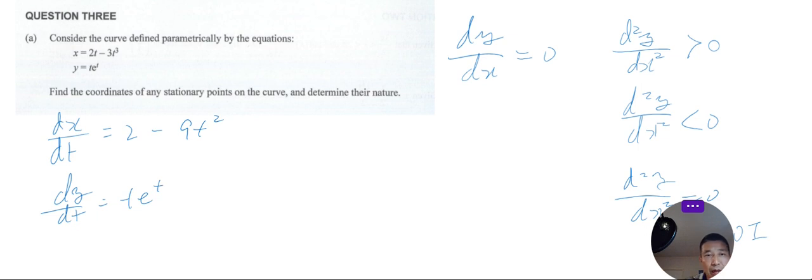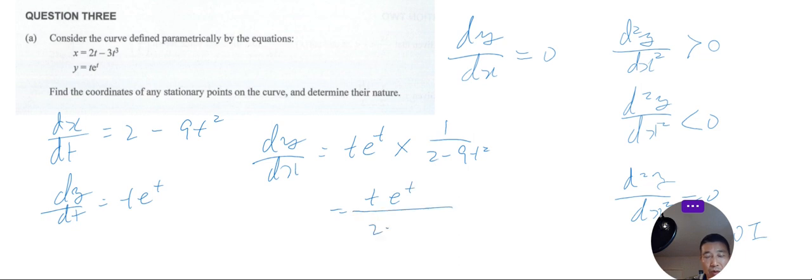Right. So hence dy/dx equals dy/dt, which is t e to the power of t, times the reciprocal of this, which is 1 over 2 minus 9t squared, which is t e to the power of t over 2 minus 9t squared. That should be 0.